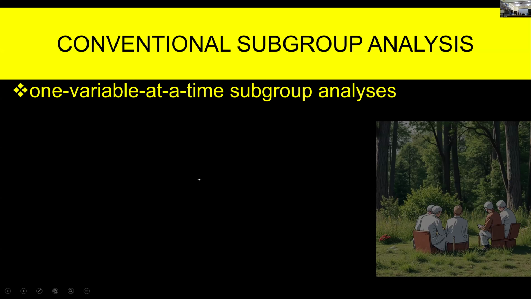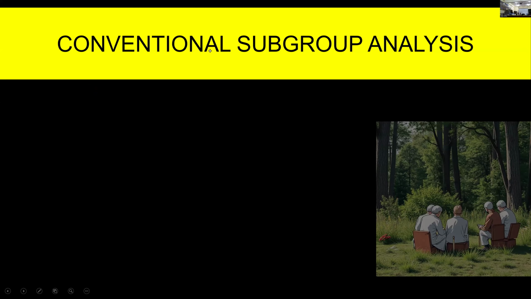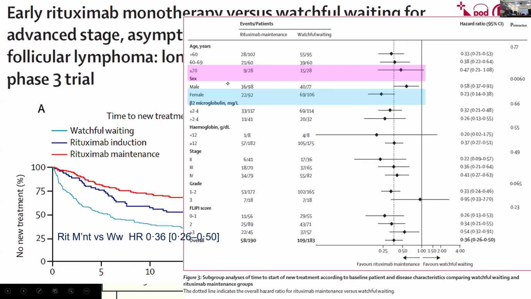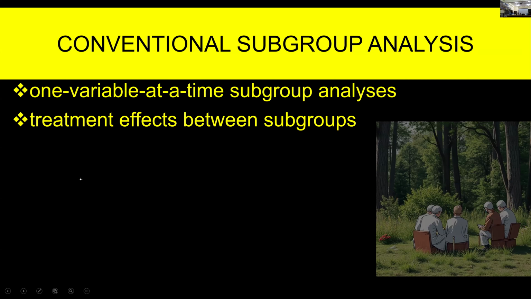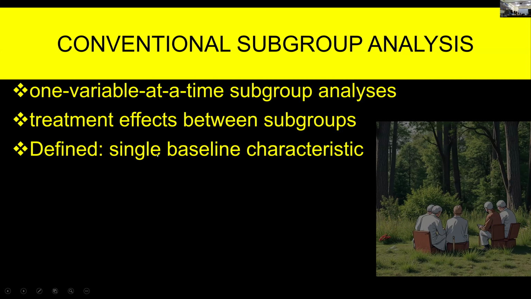So this is called a conventional subgroup analysis. One variable at a time subgroup analysis. That's what the previous slide was. Age, gender, beta 2 microglobulin, hemoglobin, stage of disease, grade, LIPI score, overall. So this is one variable at a time, called subgroup analysis. So the treatment effects between subgroups are defined on a single baseline characteristic, your age or your gender.